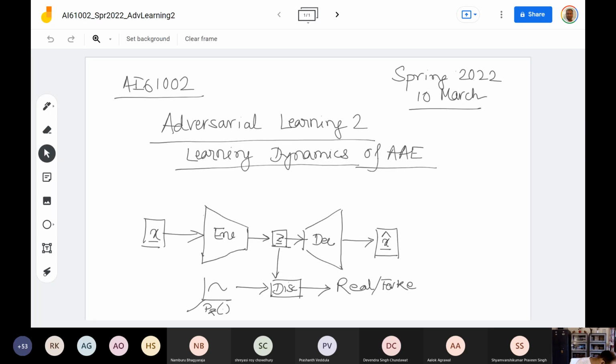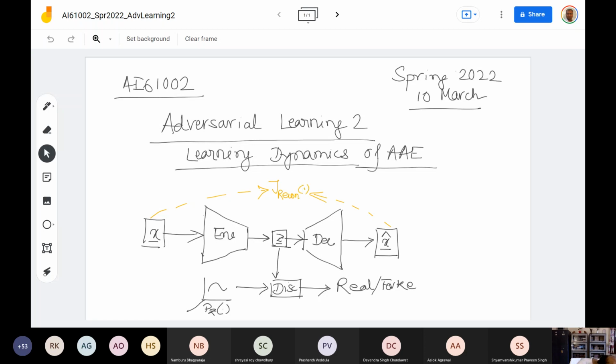So you have two different losses. One is what you compute between X and X hat, which is J recon, or the reconstruction loss. It's a structural loss.